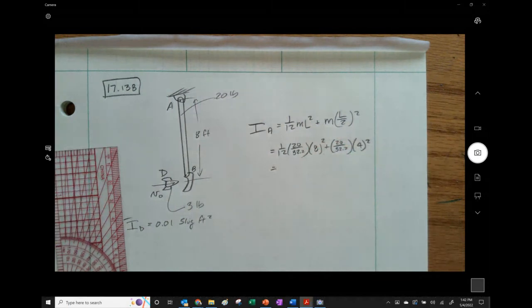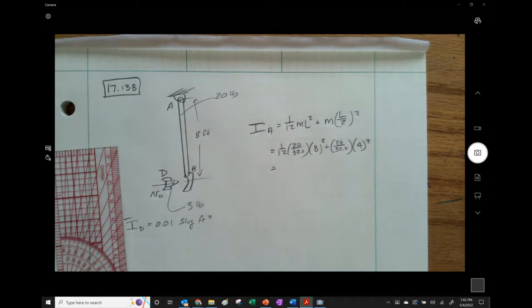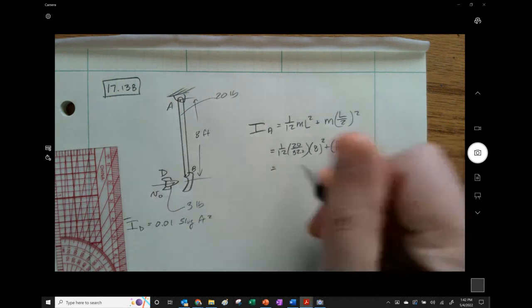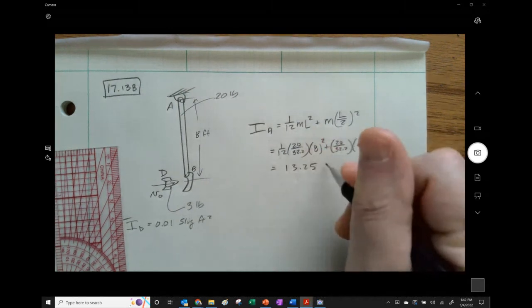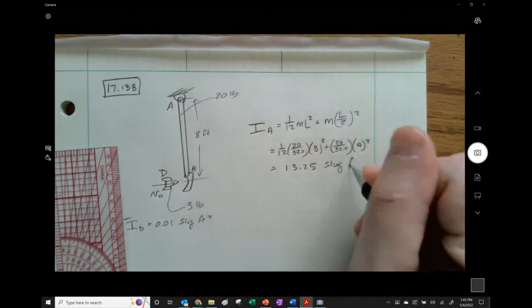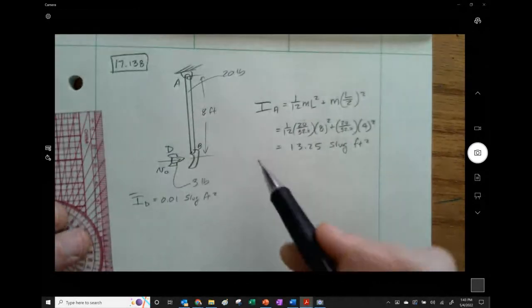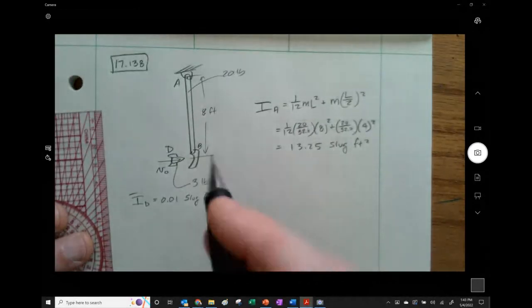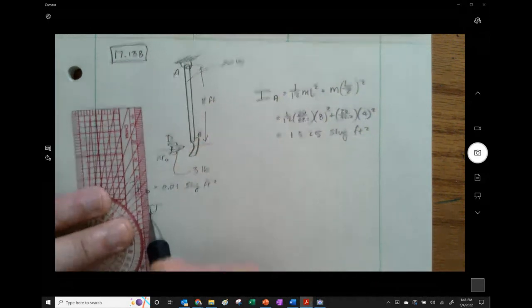So 20 over 32.2, divided by 12, multiplied by 64, plus 20 over 32.2 times 16, add them together, and we get 13.25 slug feet squared. I didn't leave enough room to draw it up here, so I'll draw it down below.